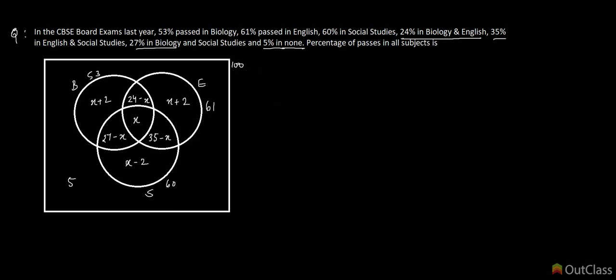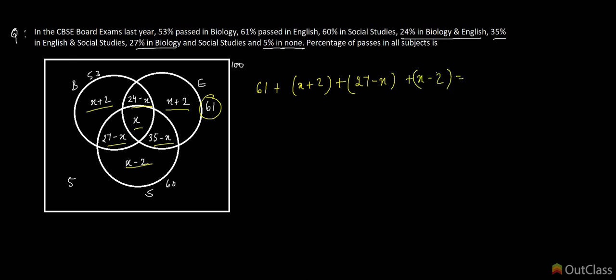Here we can save a little bit of time by taking, let's say, 61 instead of these 4 segments, right? So you can simply say 61 plus the x plus 2 here plus the 27 minus x plus the x minus 2. This is the union.